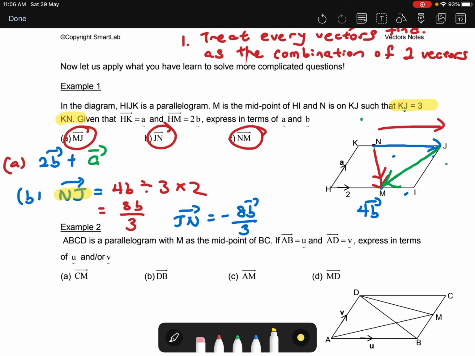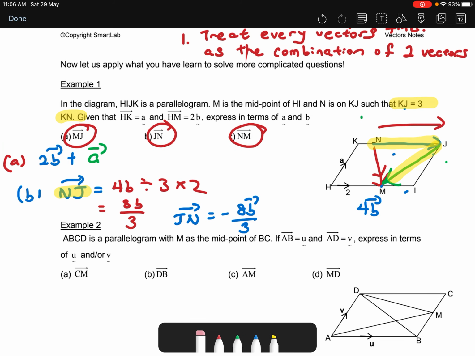So you notice that when I go from N to J, then after that I go from J to M, then I can't walk anymore, because just now I was thinking how to form a closed triangle. So I have NJ already, which is 8b over 3.